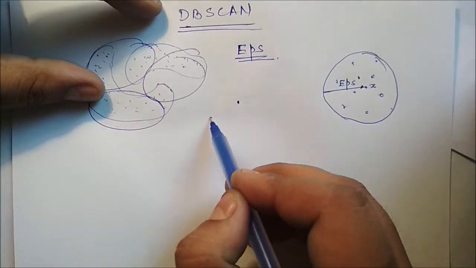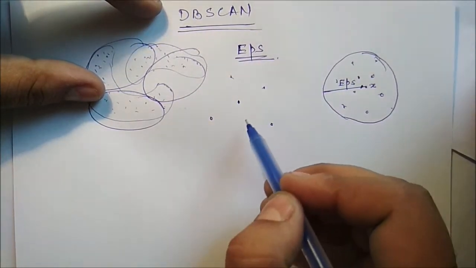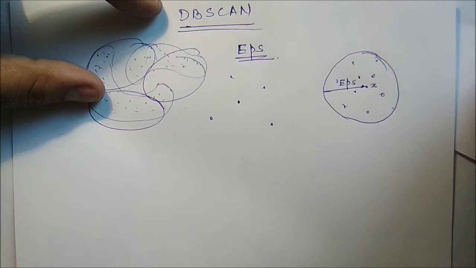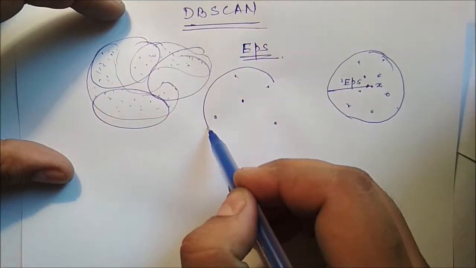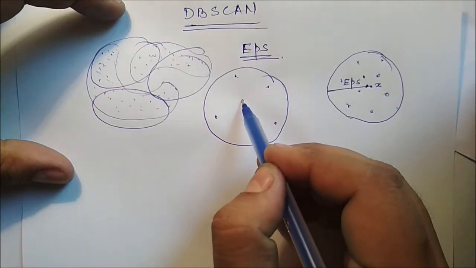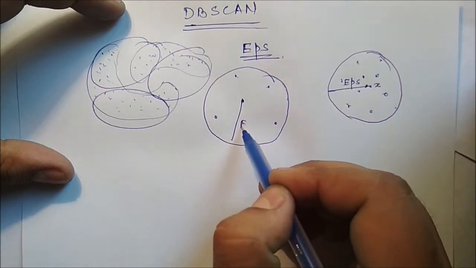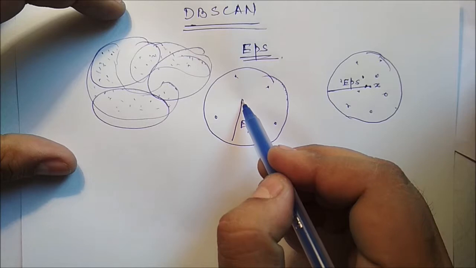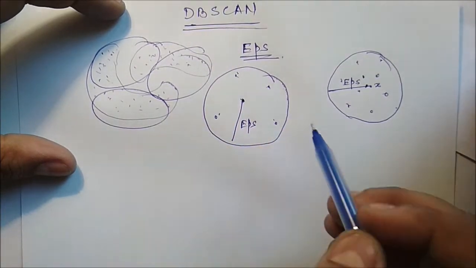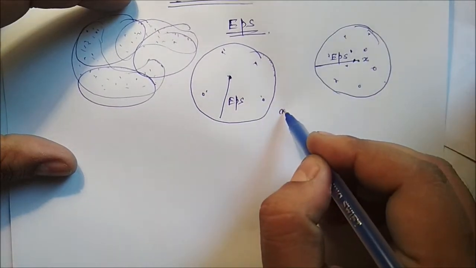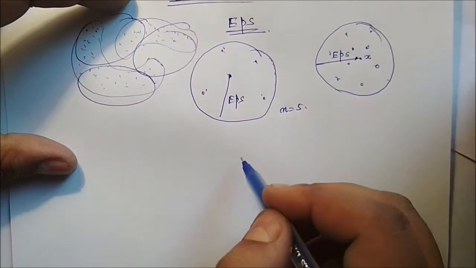Suppose this is one cluster. Now if you draw a circle, this radius is called EPS. How many data points are within the circle? It is 1, 2, 3, 4, 5. So the number of data points is equal to 5 here.